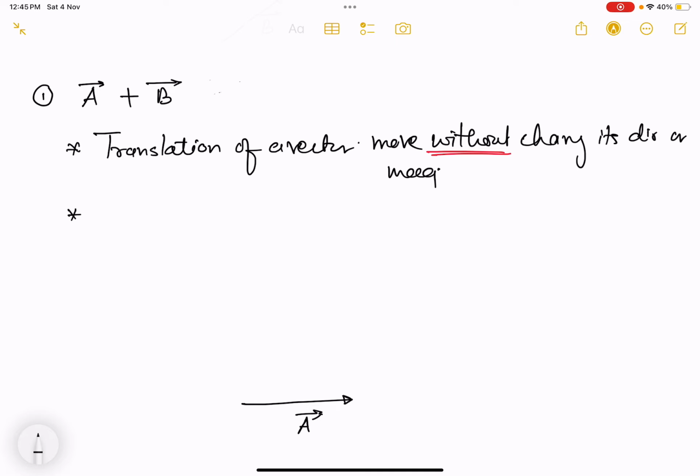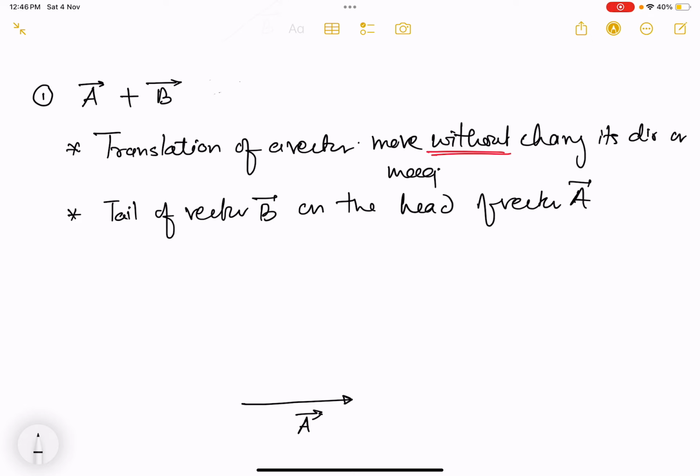Then you put the tail of vector B on the head of vector A. You have to translate B in such a way that the tail of vector B comes at the head of vector A.